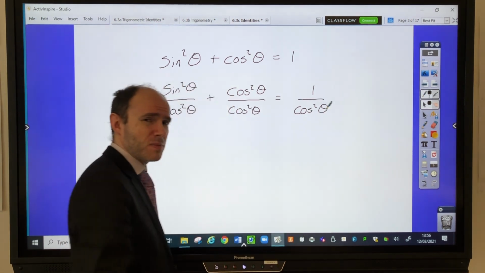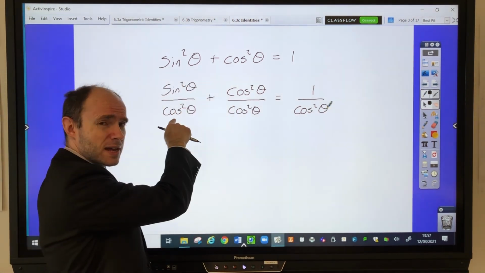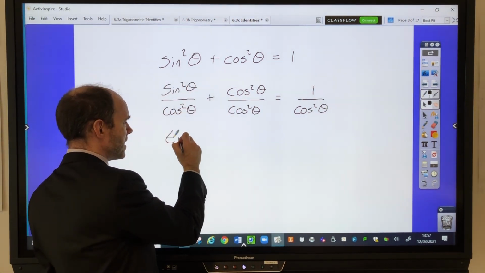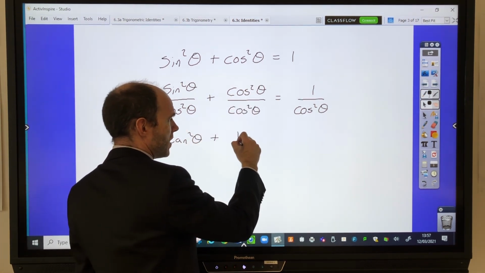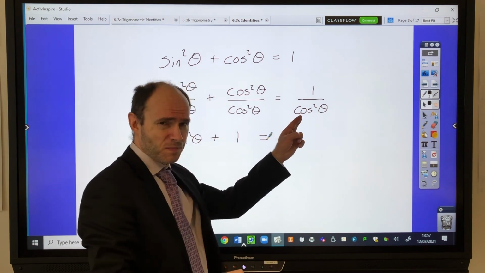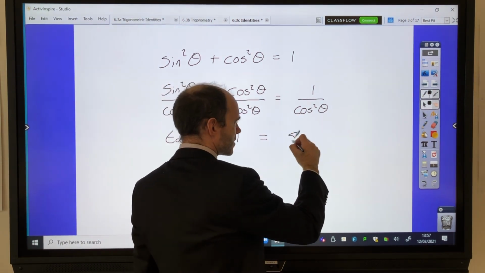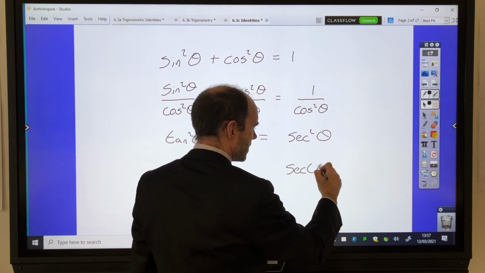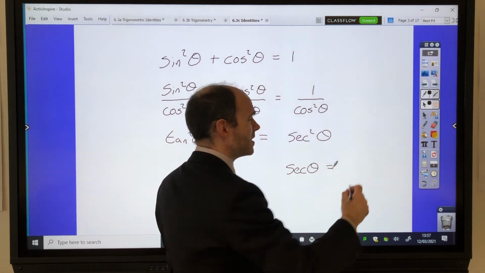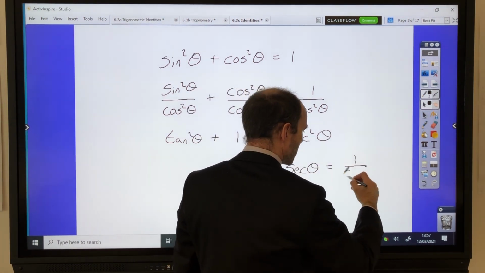If I simplify that, that over that is tan squared theta. Then this is just 1, and this is sec squared theta, where sec theta is another way of writing the reciprocal of cosine theta.